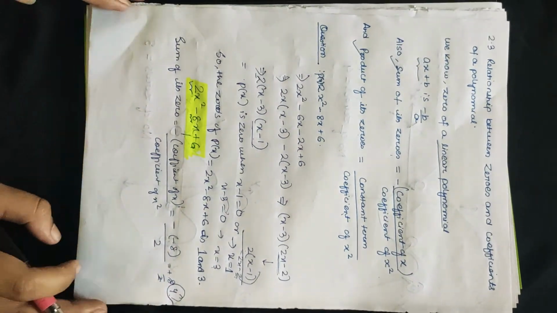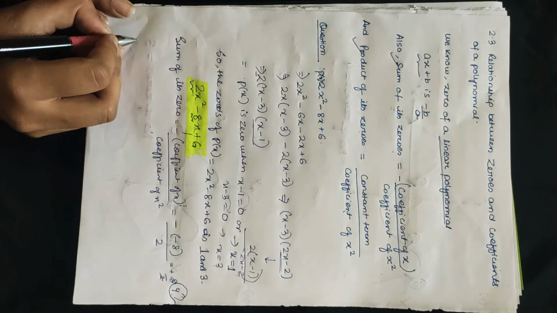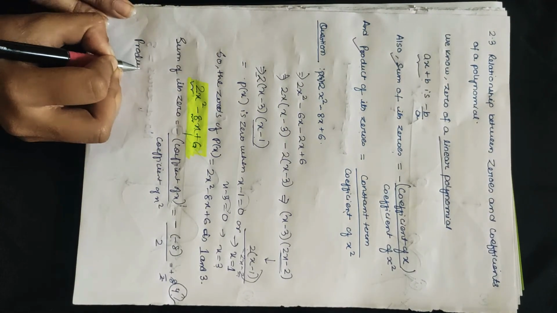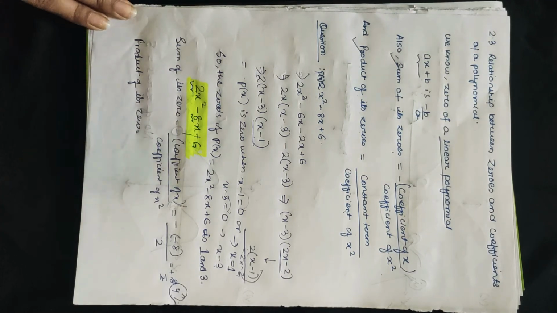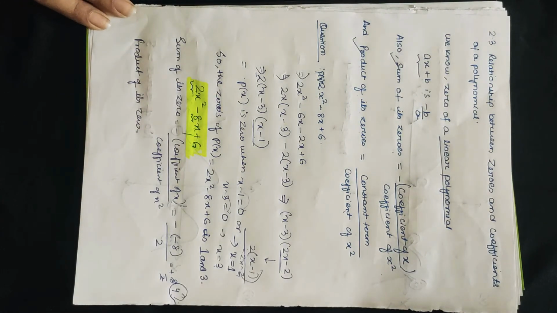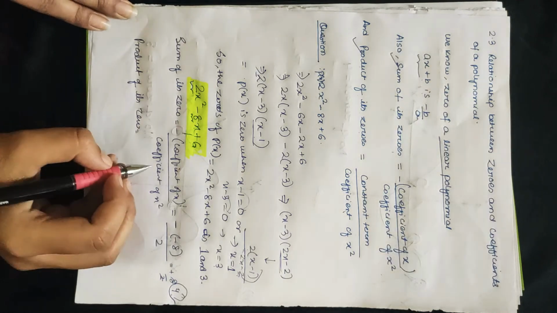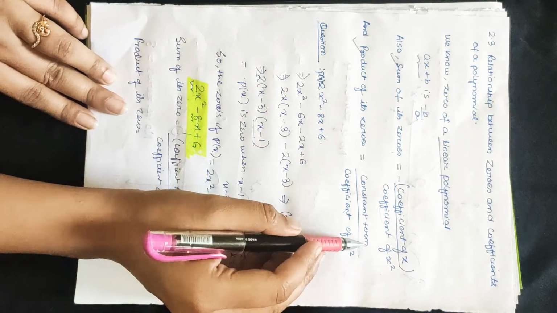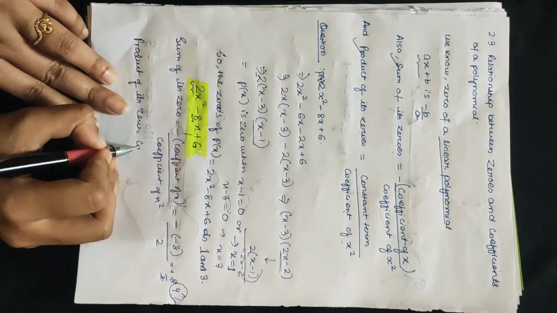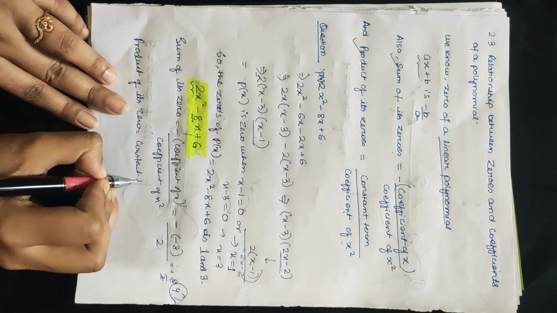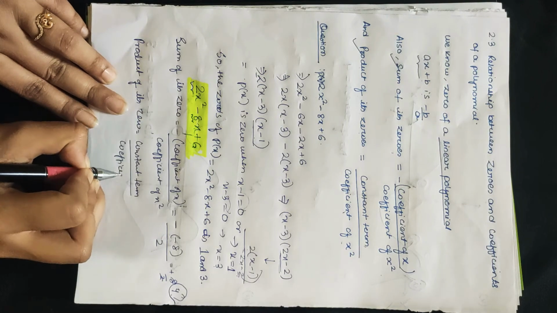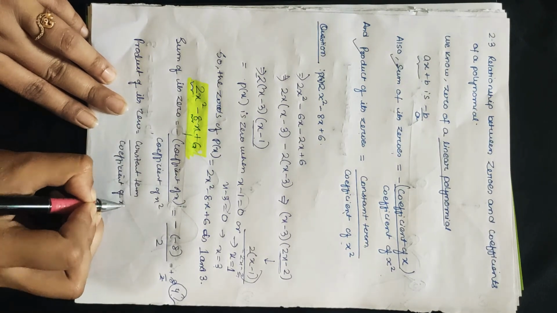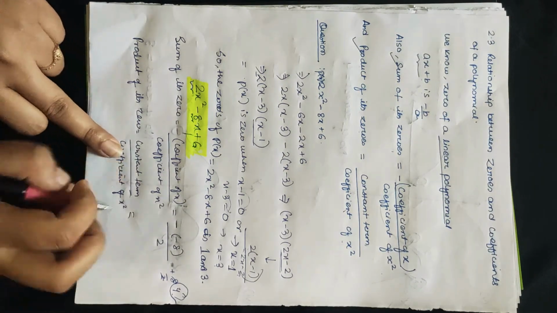Similarly, let us find the product of its zeros. The formula is constant term by coefficient of x square. So what is the constant term here?